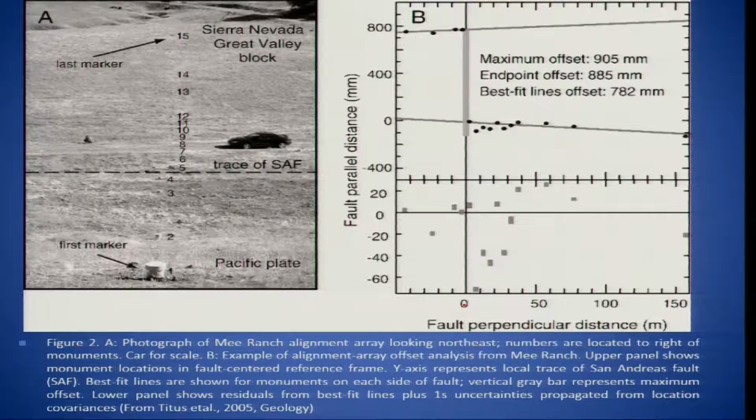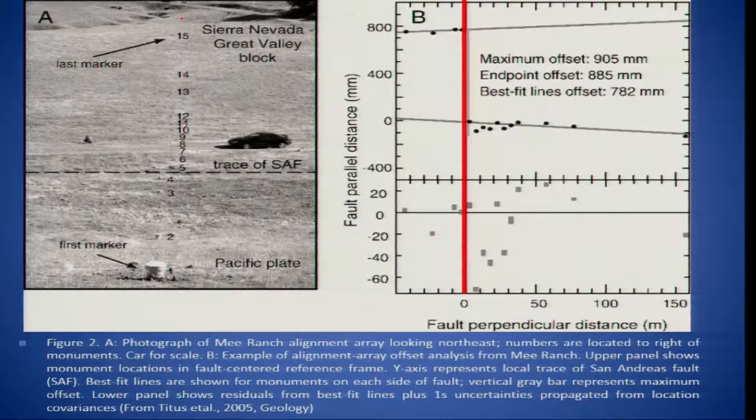This is one of the examples from the San Andreas fault again, where they put a number of GPS stations, which are numbered 1, 2, 3, and then it goes up to 15. What they have found was that over time they got displaced. For example, there is a fault line here, and these are the measurements which they have put on the graph.